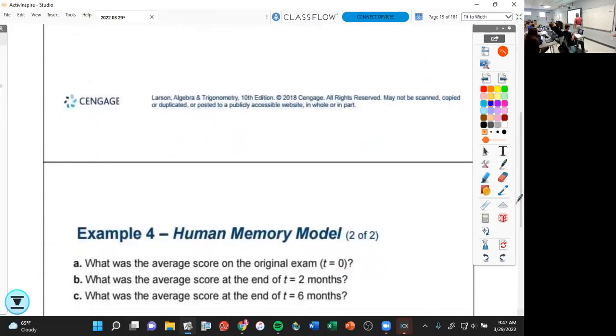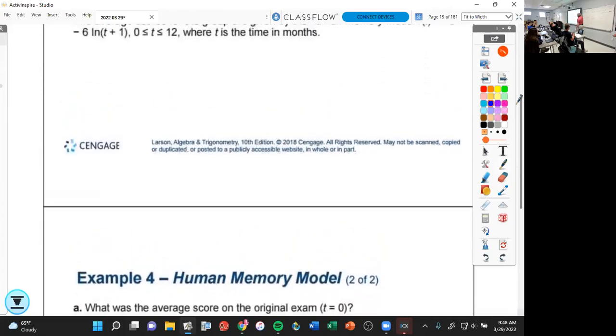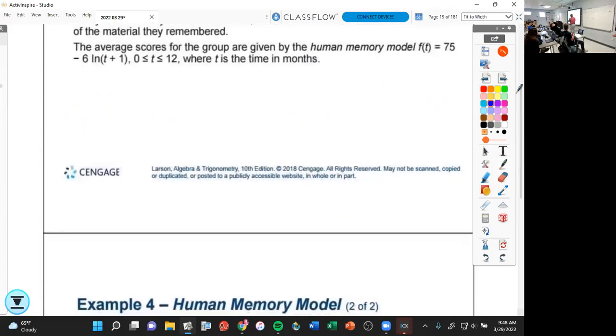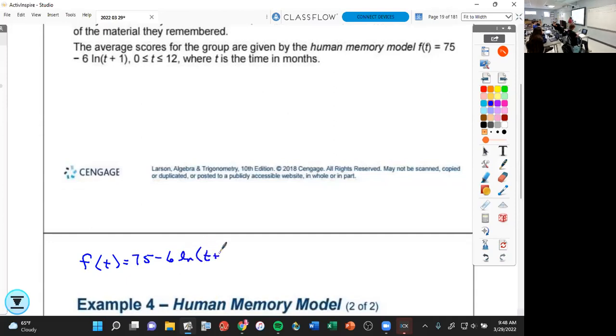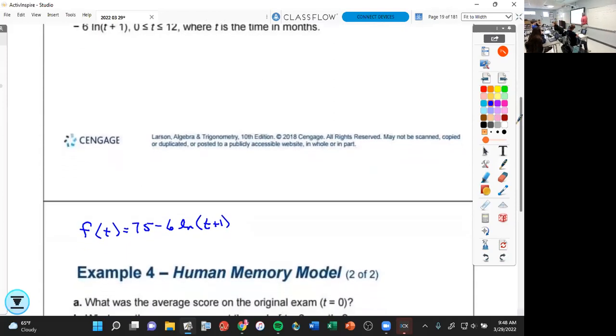What is the average score on the original exam? Write this down. Original exam. What did you get?